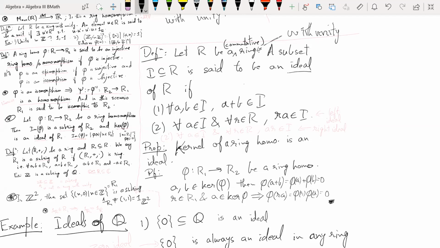We talk about ideals only in rings with unity. The ring may not be commutative, but it should have unity. So then the second condition will tell you that it's automatically closed under additive inverses as well.